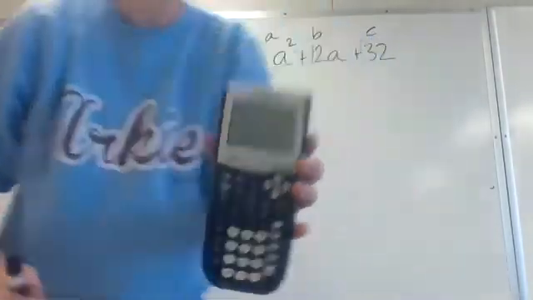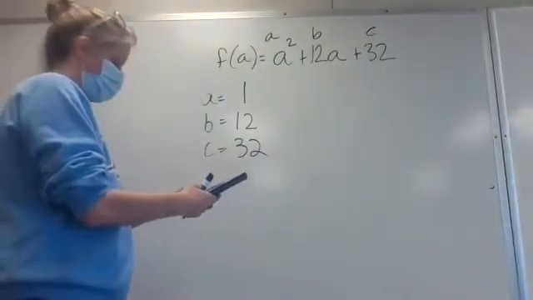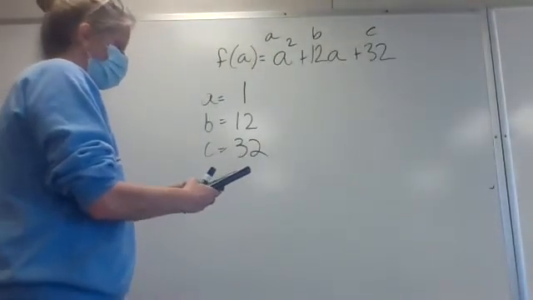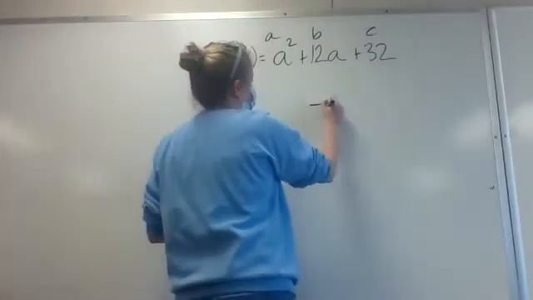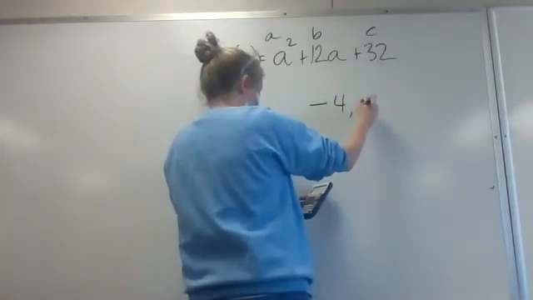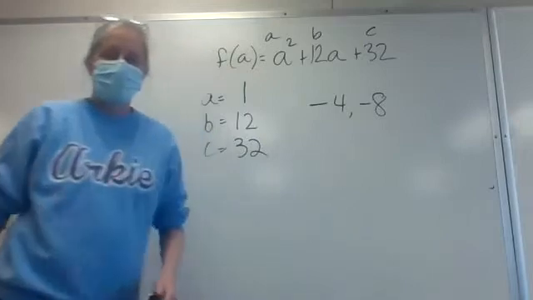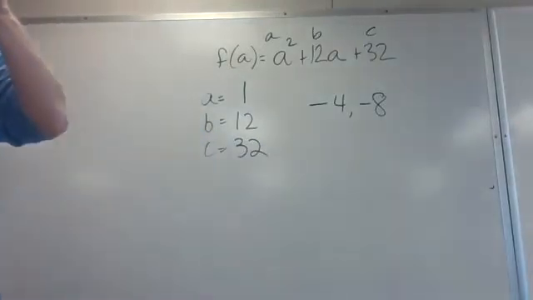And then it's going to ask you your A, B, and C. So 1, enter, 12, enter, 32, enter. And what does it tell you the solutions are, or the zeros? -4 and -8.